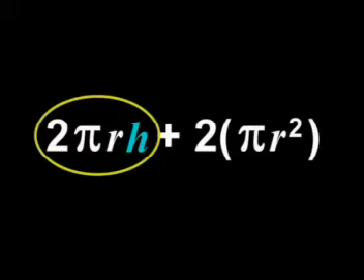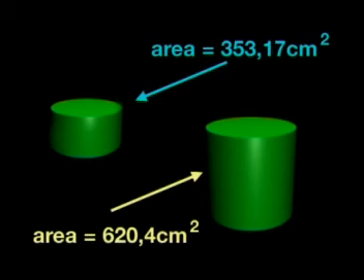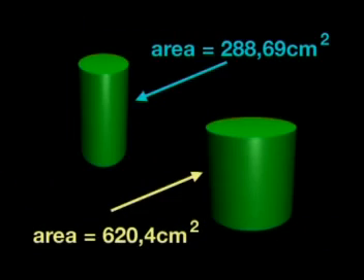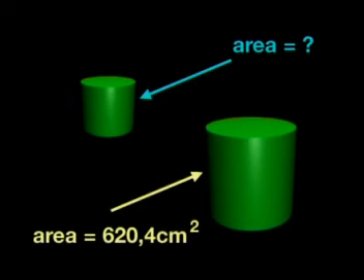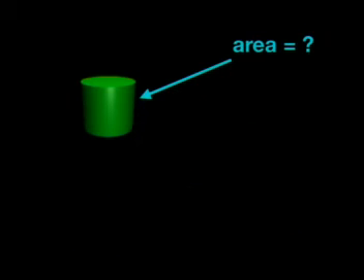So a decrease of the radius is likely to have a greater effect on the total surface area than a similar decrease in the height. Well, we looked at a change in height and a change in radius, but now we haven't tried to investigate what happens when both height and radius are reduced.